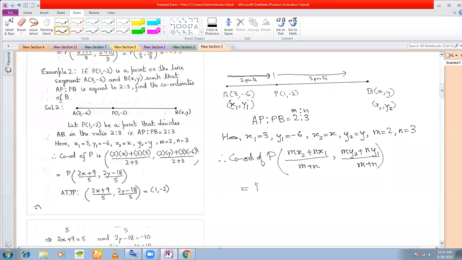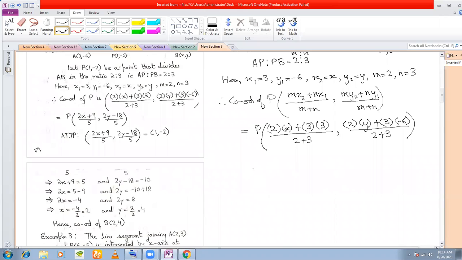Now we plug the values in the formula. m is 2, x2 is x, n is 3, x1 is 3, divided by m plus n, which is 2 plus 3, m y2 plus n y1 by m plus n.